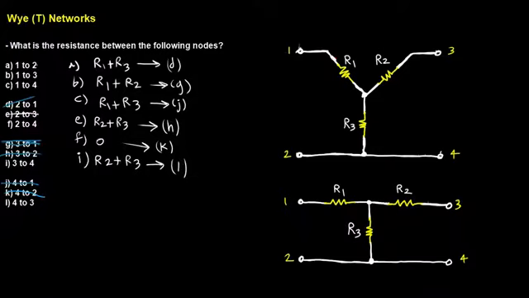Let's just circle the ones that are important though, the resistances that are going to come into play as we go ahead and derive useful results. So I'm going to say R1 2, which would be between 1 and 2, so part A, which is going to equal R1 plus R3.